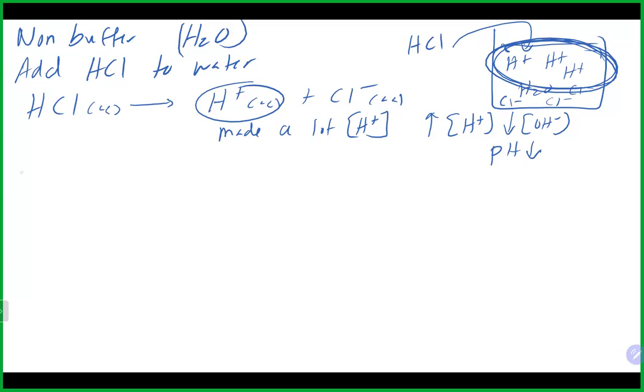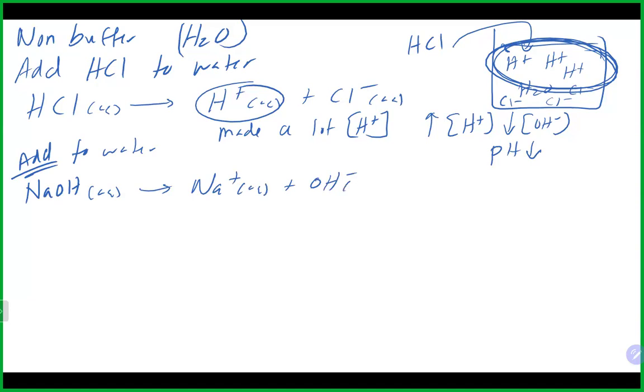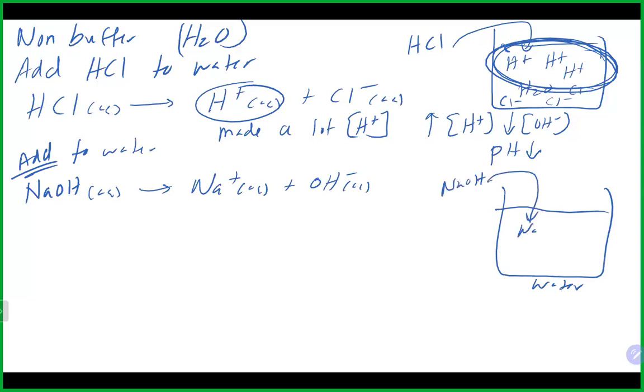Now, if we take something like sodium hydroxide and we add some sodium hydroxide to water, same thing's going to happen here. Sodium hydroxide is a strong base, which means it's going to 100% break apart into sodium ions and hydroxide ions. So if we take our beaker and we have some water and we dump some sodium hydroxide in there, we're going to make some sodium ions, but we're also going to make a bunch of free hydroxide ions, right?